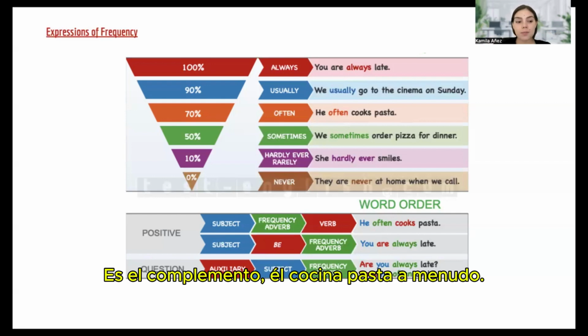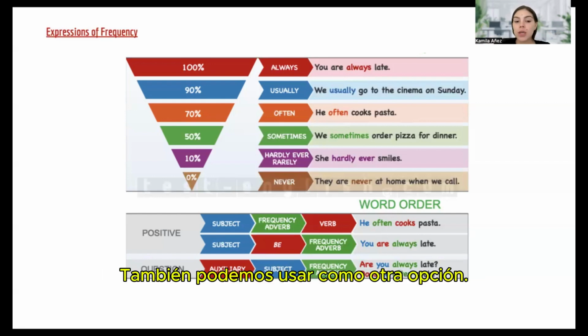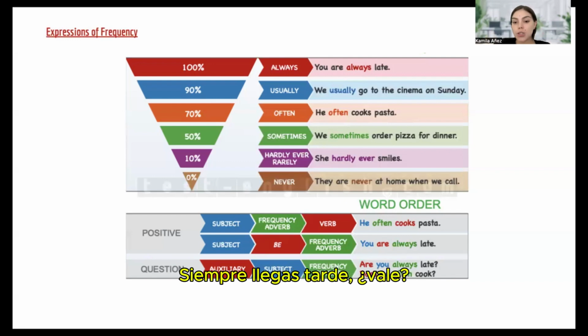We can also use another form: subject, verb to be, and adverb of frequency. Subject, you, verb to be, are. Adverb of frequency, always. Late is our complement. You are always late. Okay.